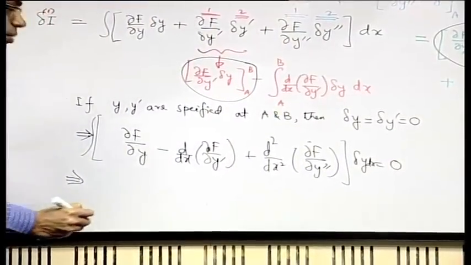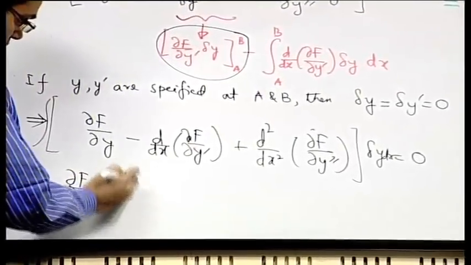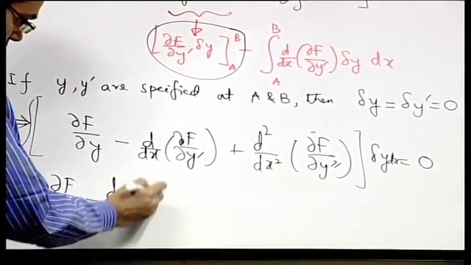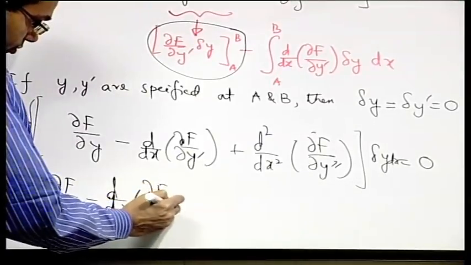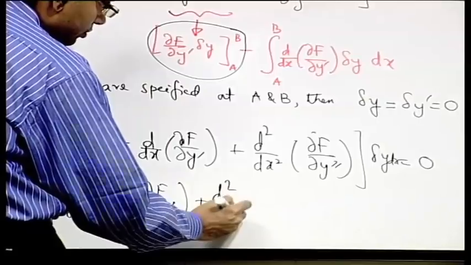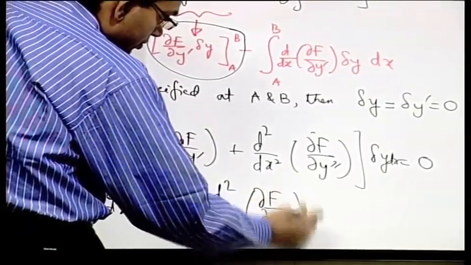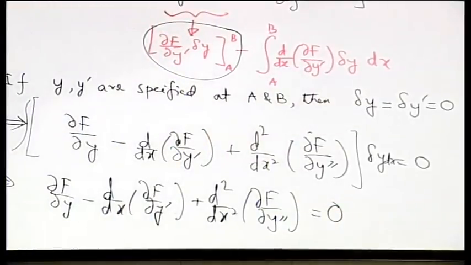Since delta y is arbitrary, we have this equal to 0.